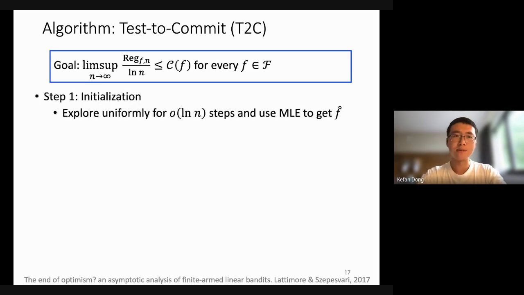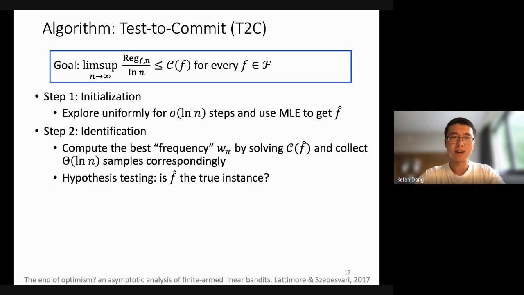In the first step, we do some initialization. We first explore uniformly for small o of log n steps. And then we run the MLE estimator to get an estimation of the true instance called f hat. Because this step only runs small o of log n steps, the regret is a lower order term, so it can be thrown away.